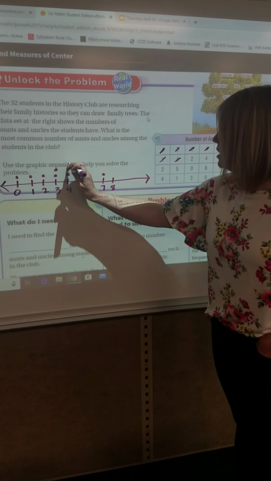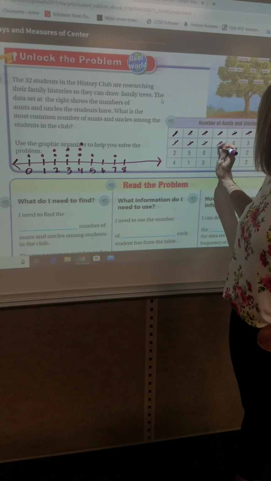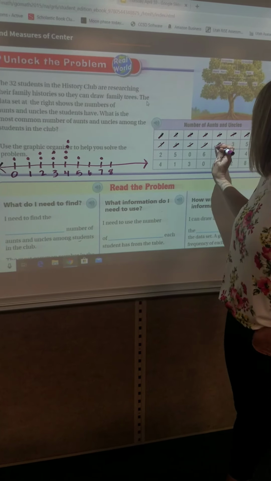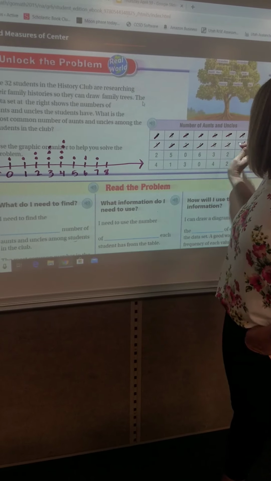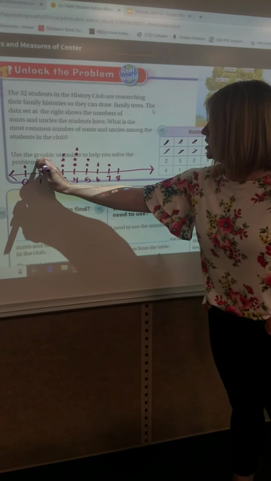And you could put that many dots. That might be faster.